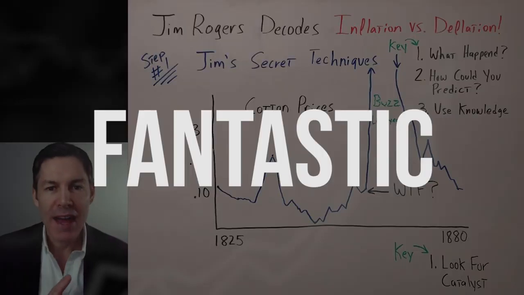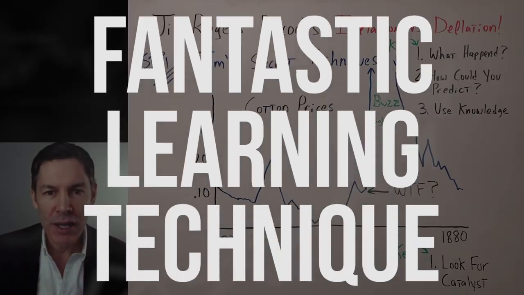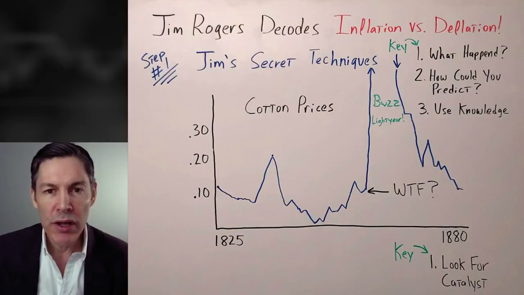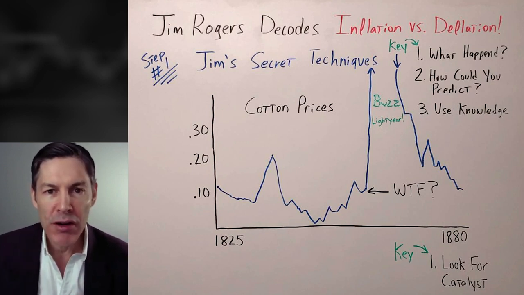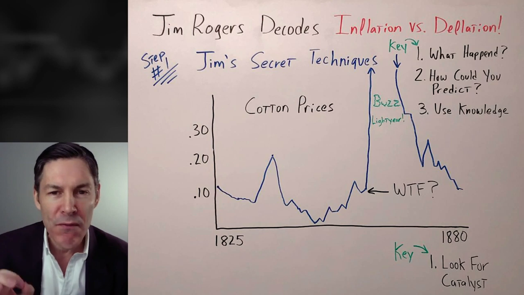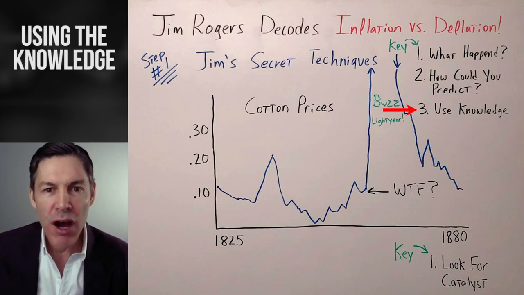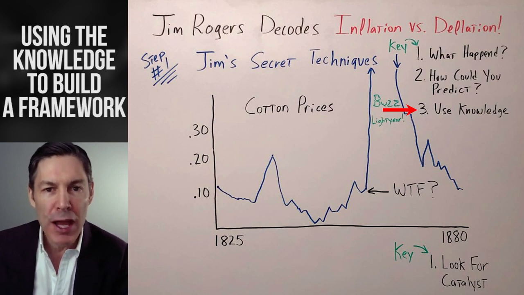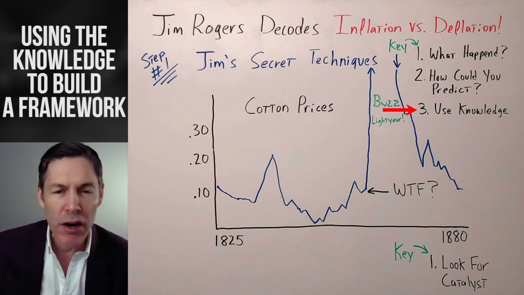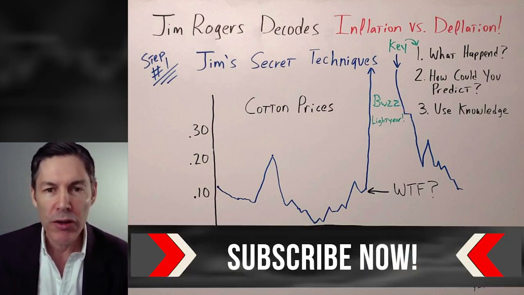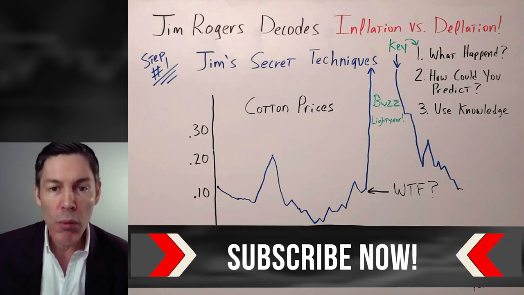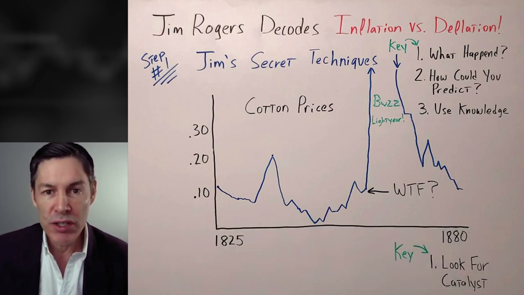This is a fantastic learning technique, but it's also a tool that you can use going back in history, looking at chart patterns, asking yourself what happened, figuring it out for yourself, and then using the knowledge to build a framework for today and what may happen in the future, regardless of whether it's the price of cotton, the price of oil, the price of gold, or whether we're going to see inflation or deflation.